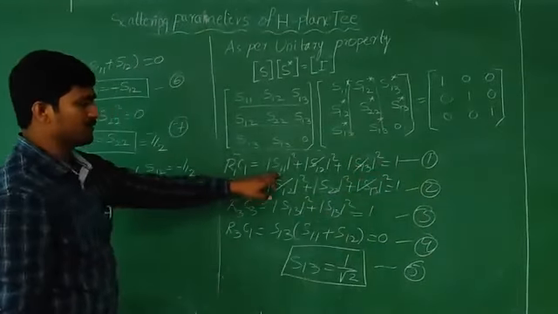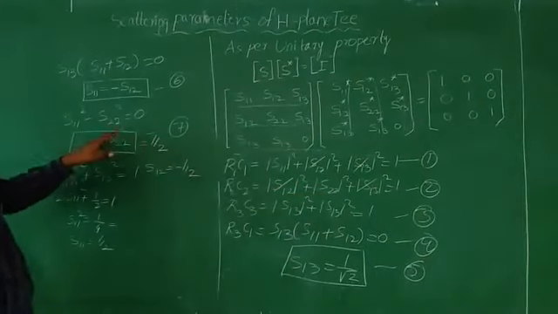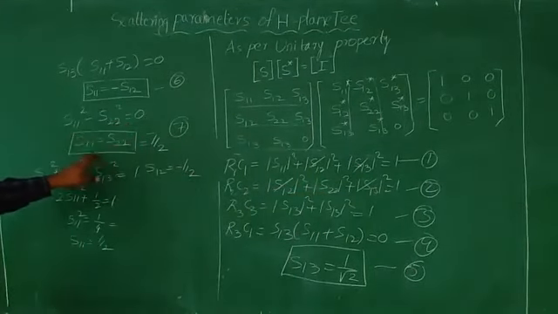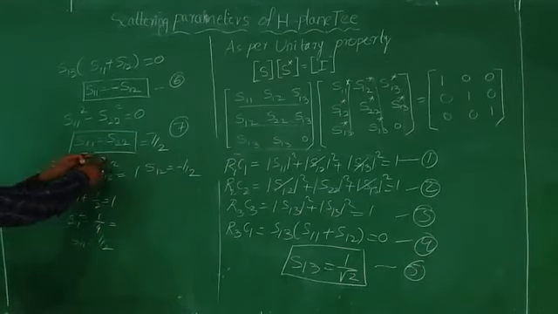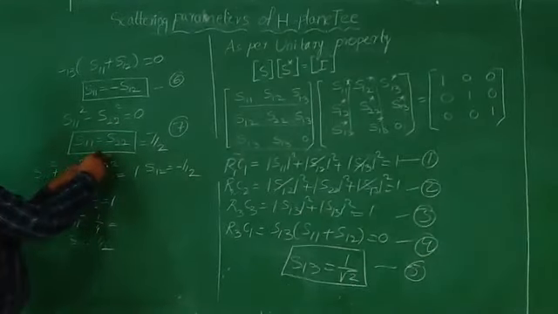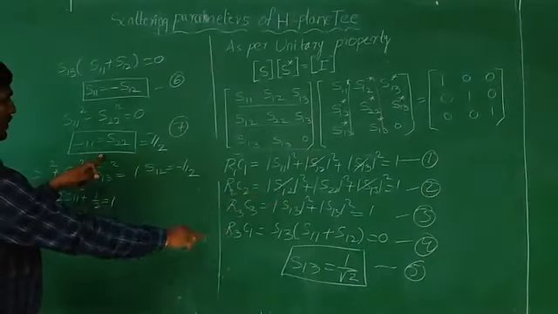So the remaining is S11 squared minus S22 squared. From this equation we get S11 is equal to S22. Next one. Now we can substitute this value in any one equation and you will get the other values.